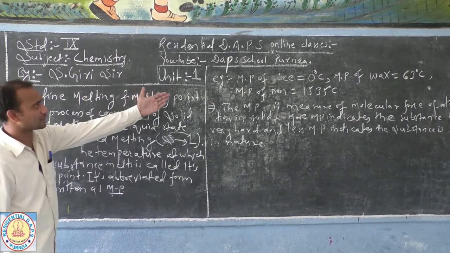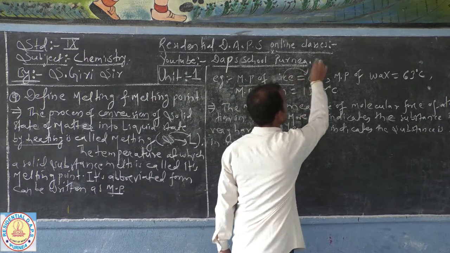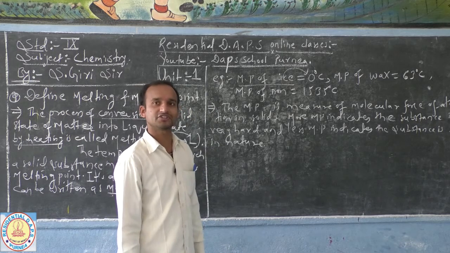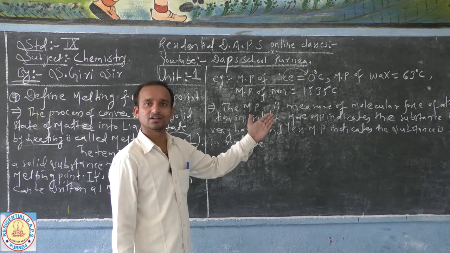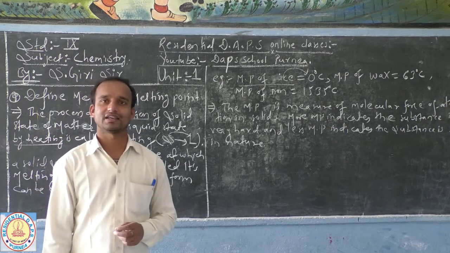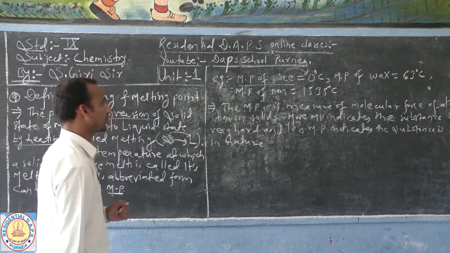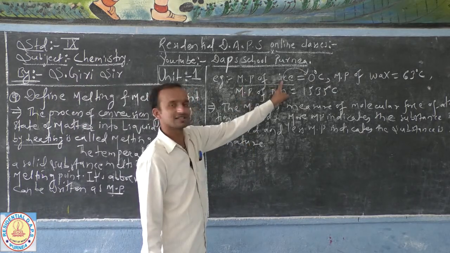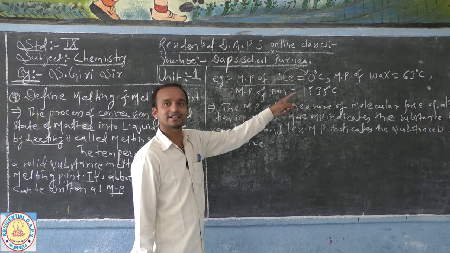Here are examples of melting points. The melting point of ice is 0 degree C or 32 degree Fahrenheit or 273 Kelvin. Earlier I told you 0 degree C, 32 degree F and 273 K are the same temperature. So the melting point of ice is 0 degree C if you express it in the centigrade or Celsius scale.